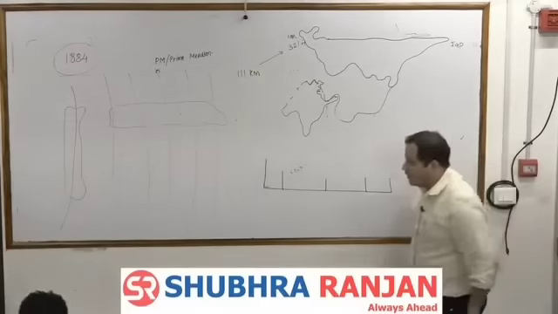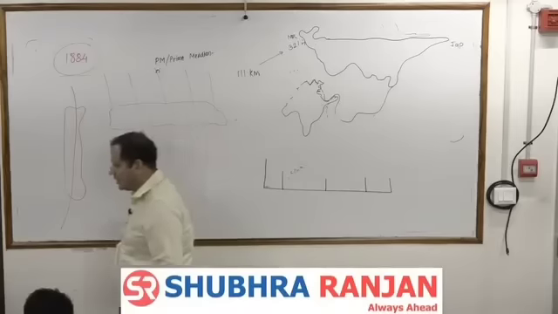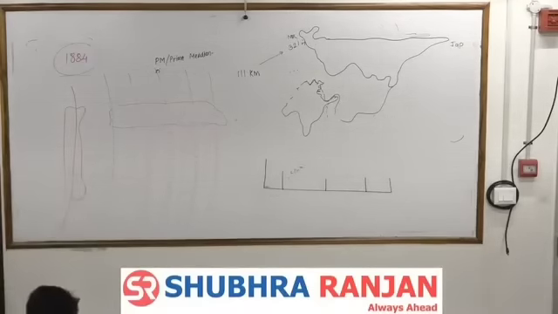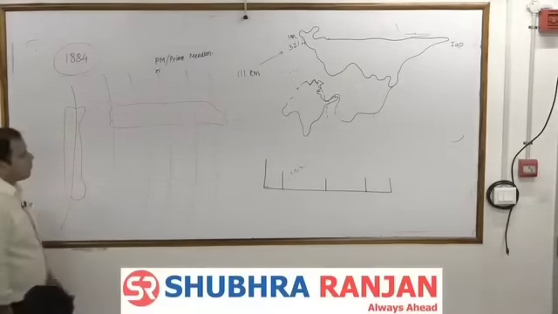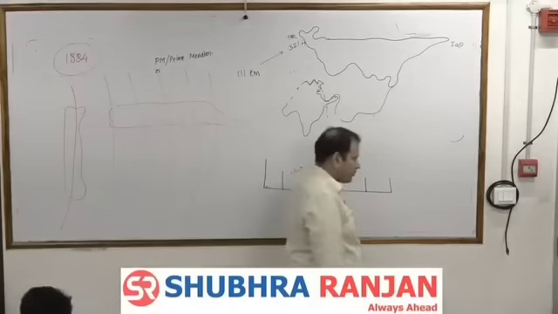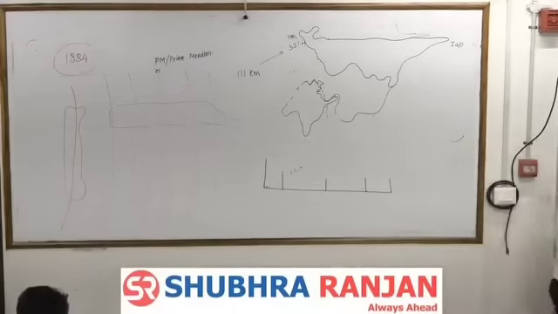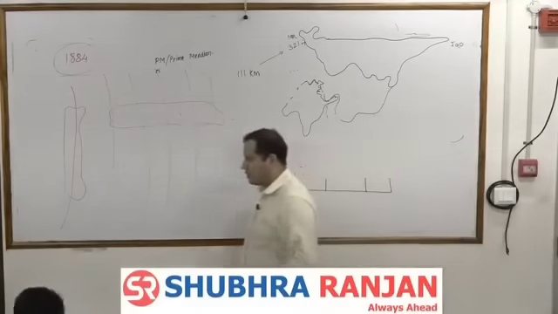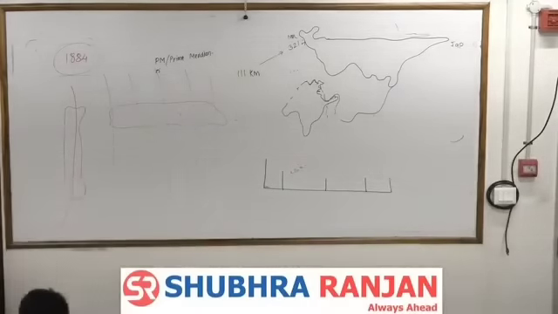These lines are not equidistant, because the distance between two longitudes is maximum near the equator, while it is 0 kilometers at the poles.